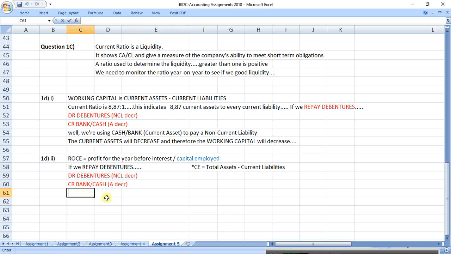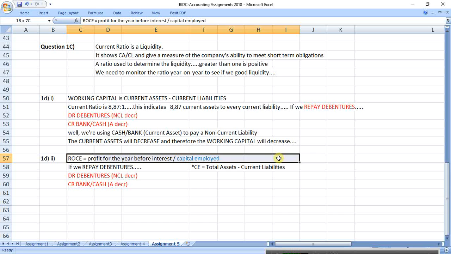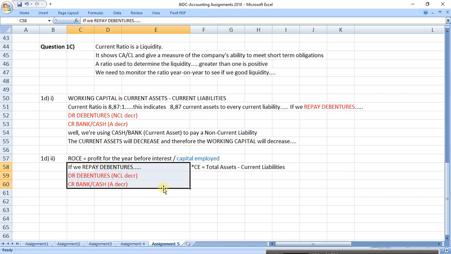Debit debentures, credit bank. Okay, we know what the formula is for ROCE. Then we just need to look at the effects. Okay, that we can discuss. You can just write that bit down and then we can look at it.